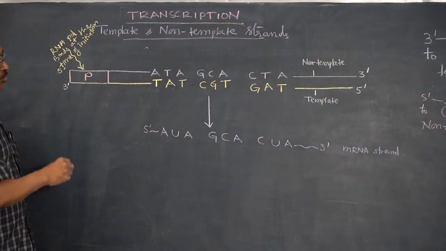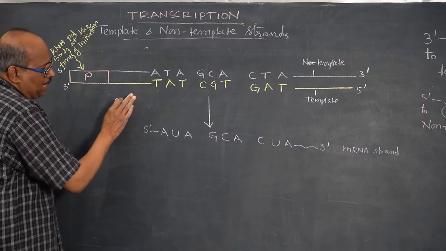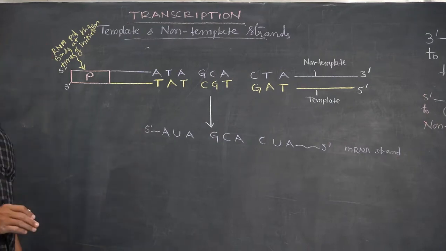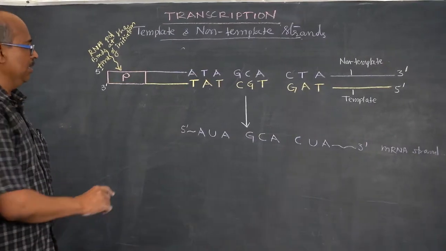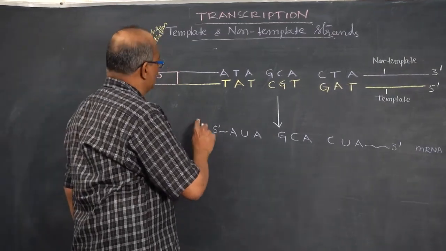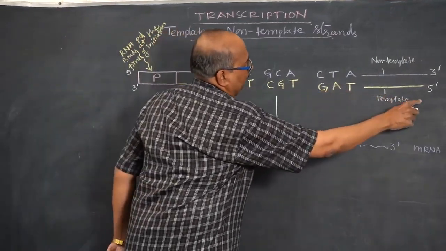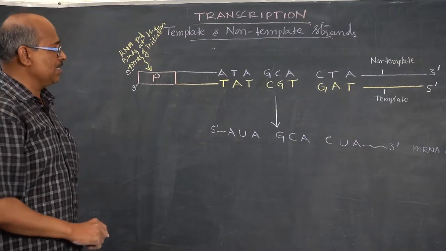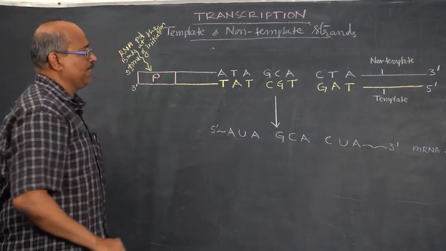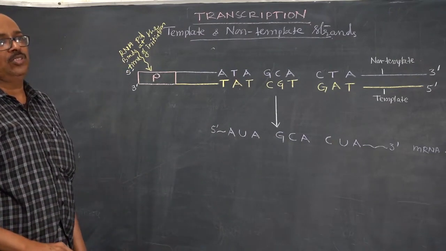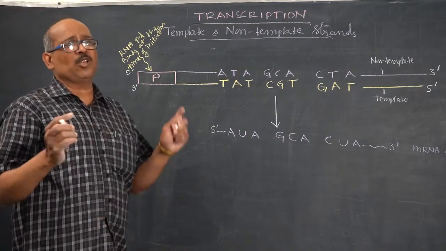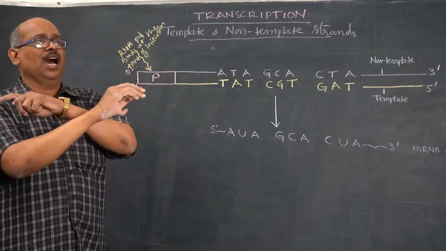Now look at the two strands, the template strand and the newly synthesized RNA strand. Template strand is oriented 3' to 5', whereas mRNA strand is oriented 5' to 3'. That means their orientations are opposite.